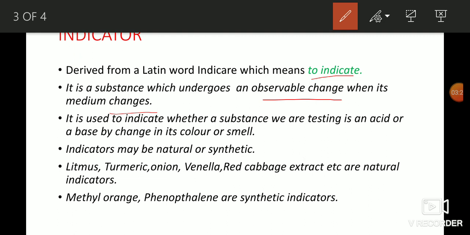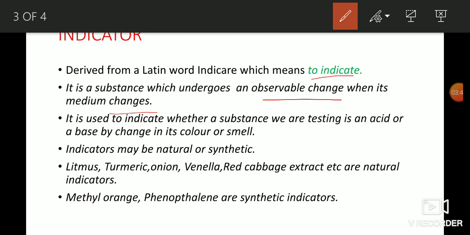And in darkness, if we have to switch on the light, we will easily locate this switchboard. Same is the case in our chemistry. This indicator indicates us, points out, shows us whether a solution is acid, base, or a neutral solution.